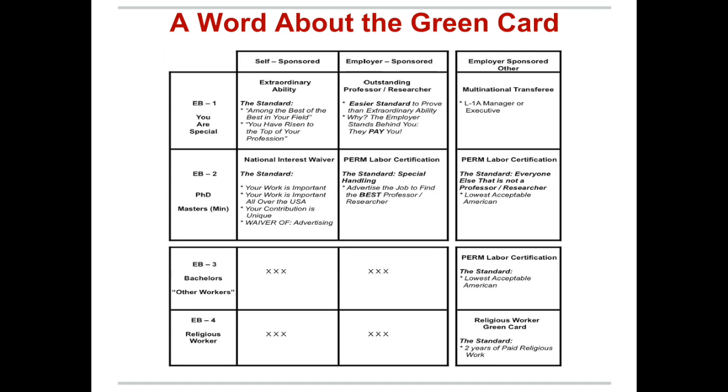Here, take a look at this chart. It's got 3 columns, and I'll tell you why in a minute. The first column is the self-sponsored green cards. The middle column and the last column over on the right, those two are employer-sponsored. You gotta have an employer stand behind your application. That's more normal than column 1.